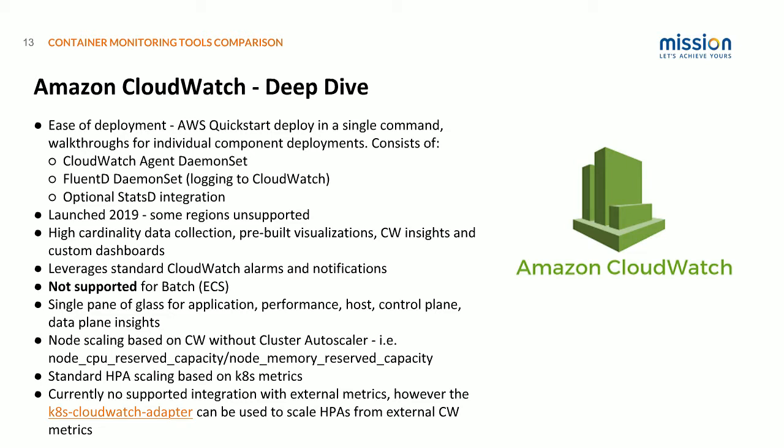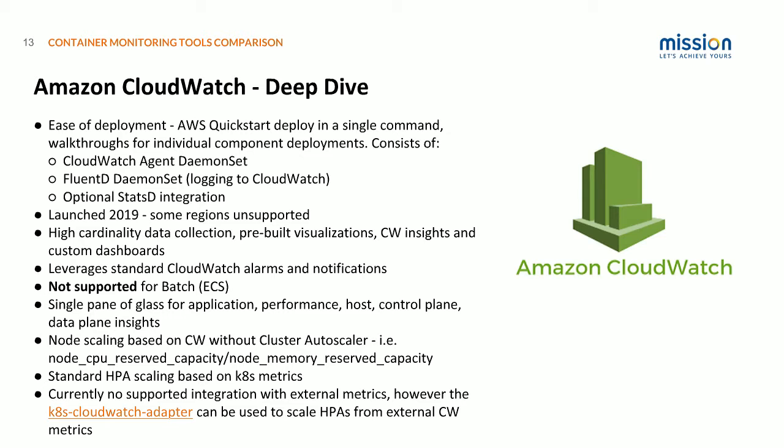By the same token, if you already have FluentD in production, which most people who are running Kubernetes clusters already do, and you just wanted to continue to leverage the existing log flow collection that you have, you could just choose to deploy the CloudWatch agent daemon set with their provided YAML.